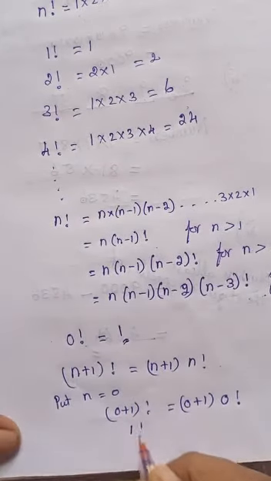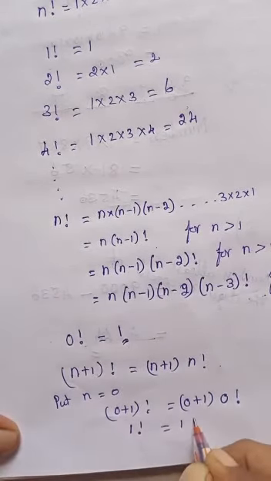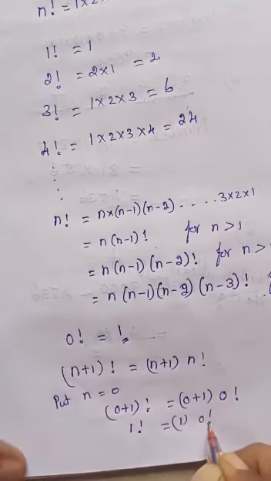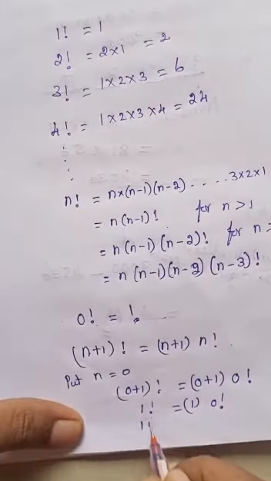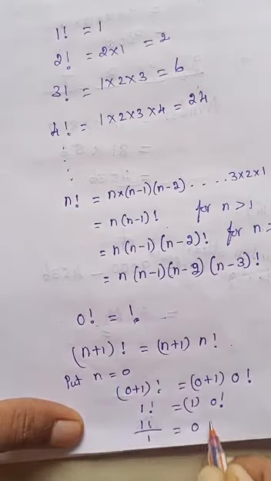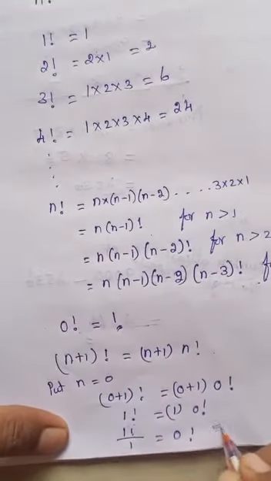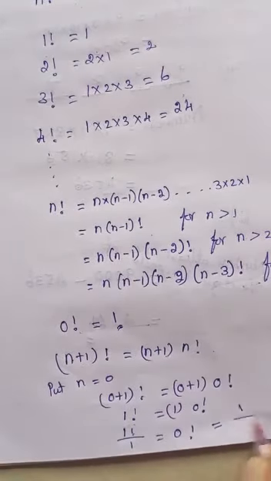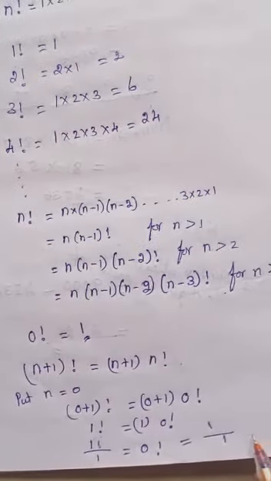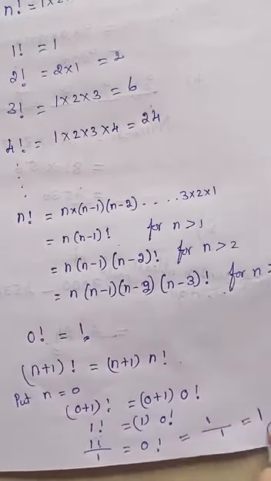Actually, this is 1 factorial equals 1 into 0 factorial, or 1 factorial by 1 is equal to 0 factorial. We know that 1 factorial is 1, so 1 by 1. So 0 factorial is equal to 1.